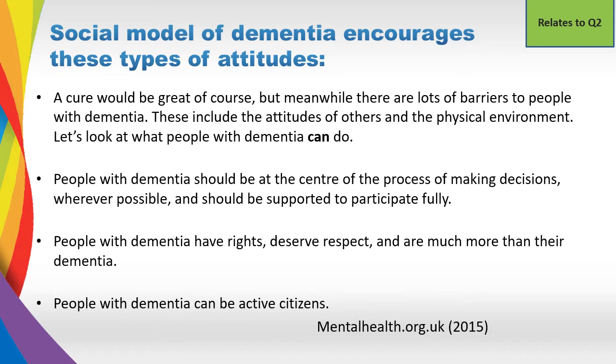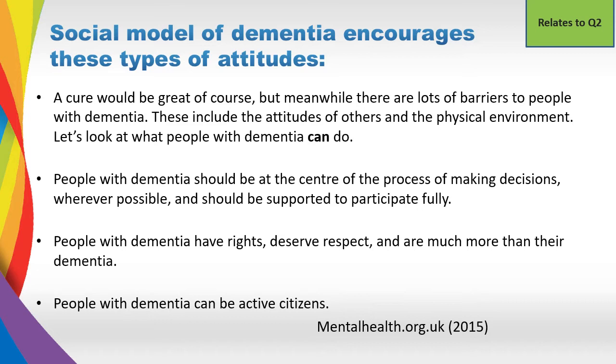So these include attitudes of others, so people having negative opinions, and the physical environment. So maybe it's very tricky to navigate. Maybe they've changed the layout of the supermarket, for example. But instead of focusing on what they can't do, let's look at what people can do.